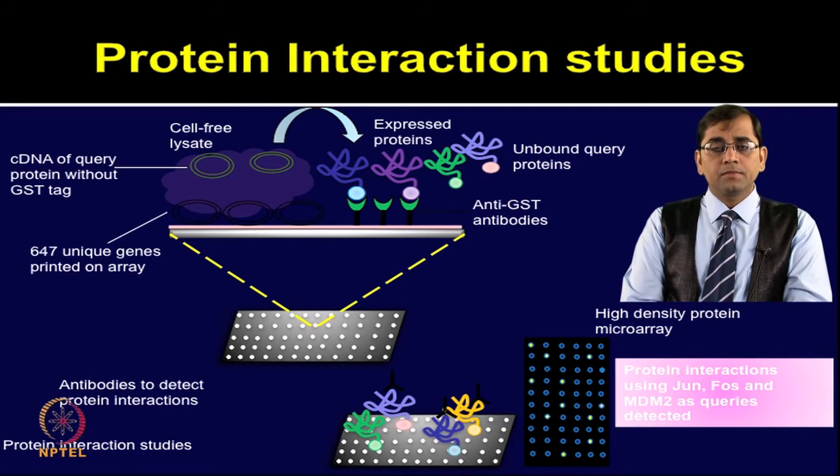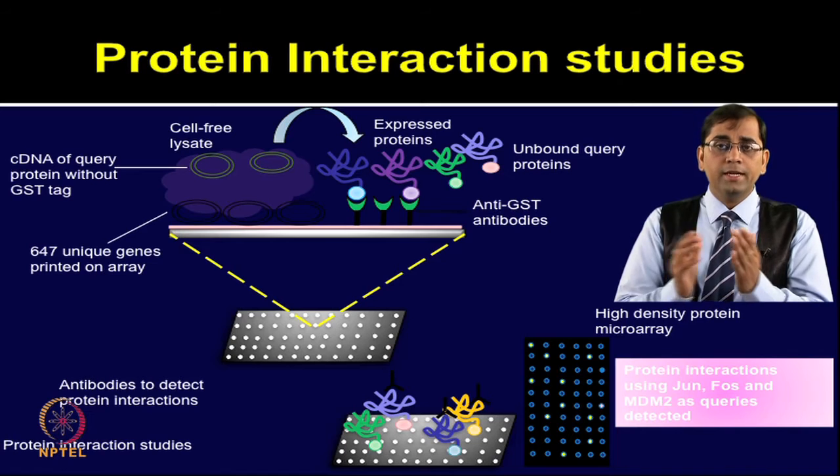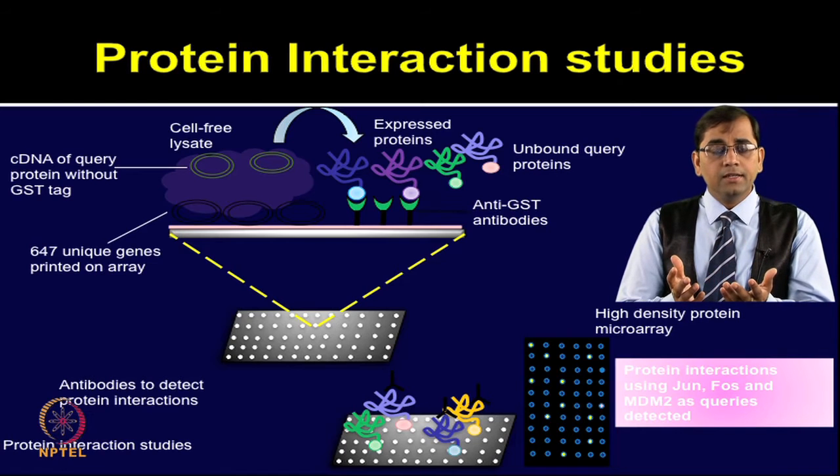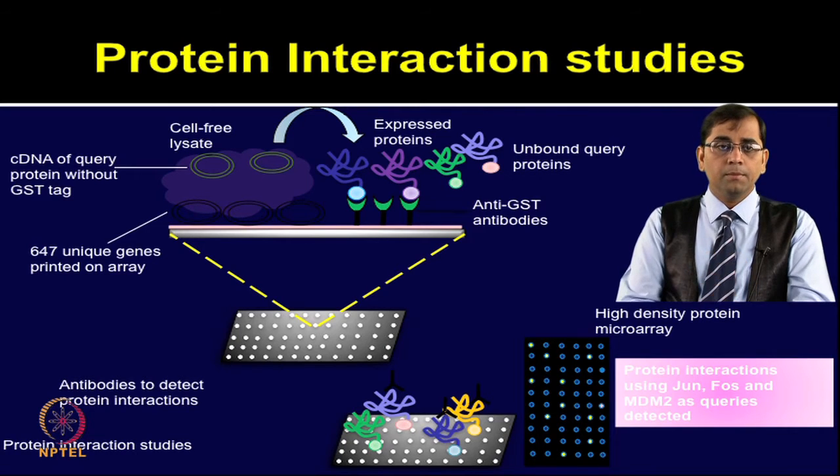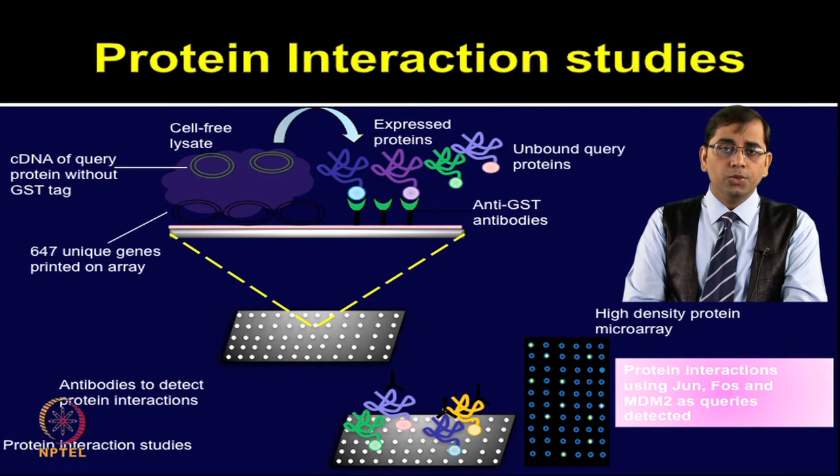Many times these interactions become unidirectional. It becomes very tedious to show that the interaction is working in either of these directions. But in this study, authors showed that protein interaction of the Jun-Phos protein pair can be shown in both directions.